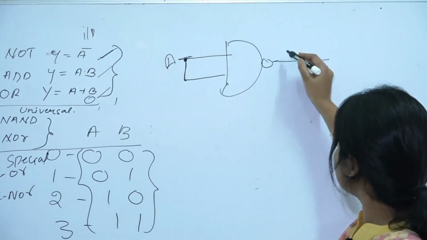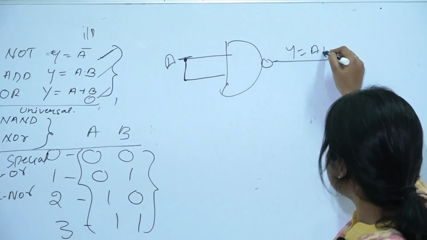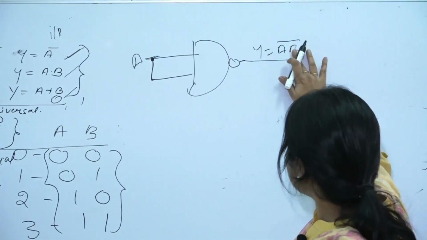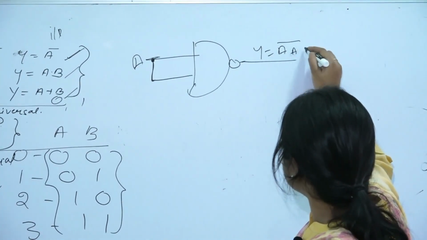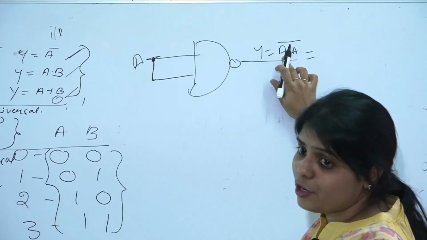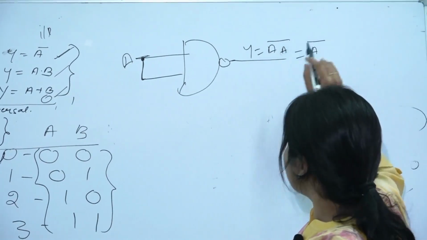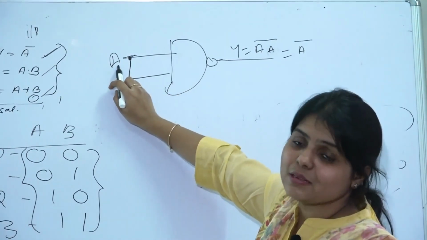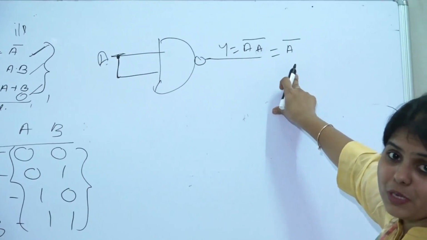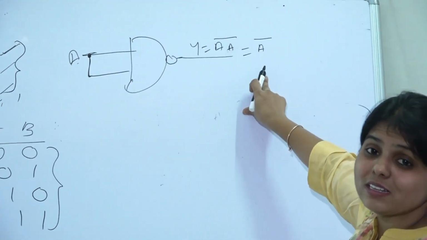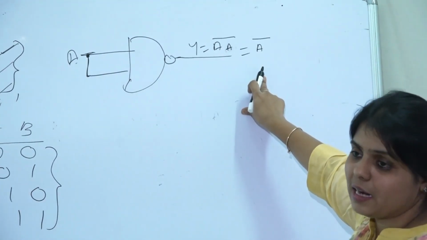Now what is the output of the NAND gate? Y is equal to (A B) bar, but here B is nothing but A itself. We have a Boolean law, A into A is equal to A. So the output here is A bar. When I take A as input, my output is A bar. That is, the inverter operation is being carried out.